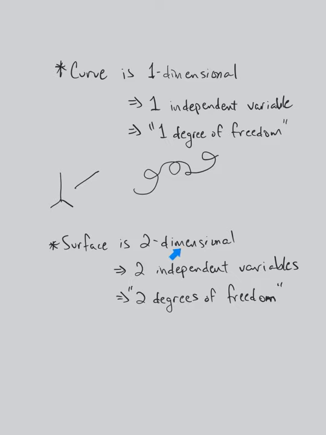Okay, surfaces are 2-dimensional, and so what that means is there's 2 independent variables. And so likewise, since we have 2 free choices, there's 2 degrees of freedom. Okay, and so the most basic surface is a plane. You know, we usually think about planes as being infinite, but I usually draw them cut off so that we can actually see them.